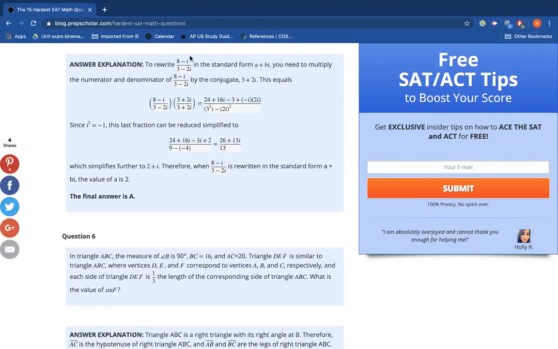While you guys are doing that, I'm just going to draw a diagram. BC is 16.